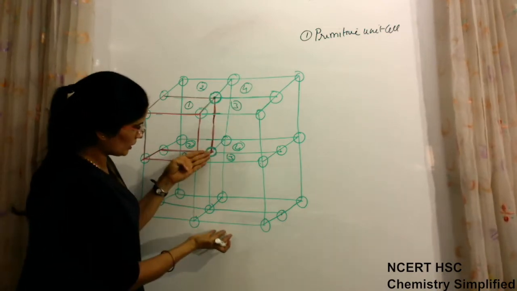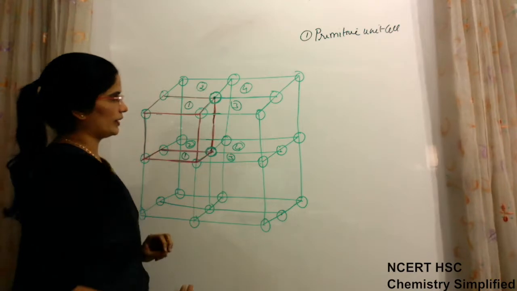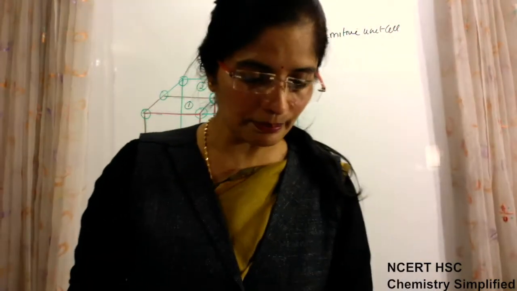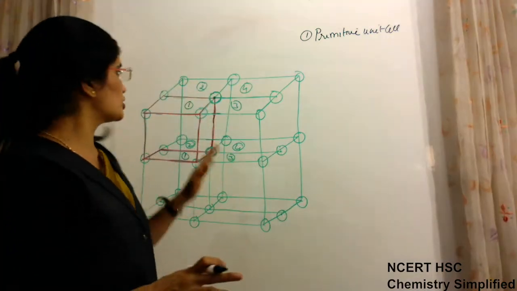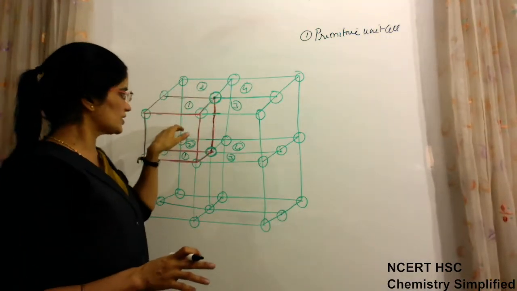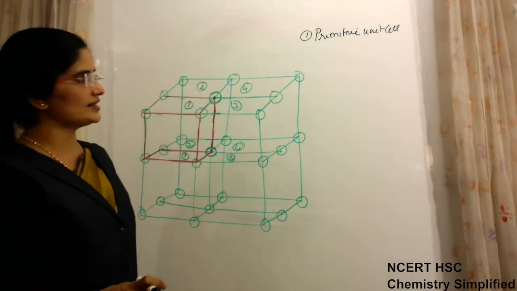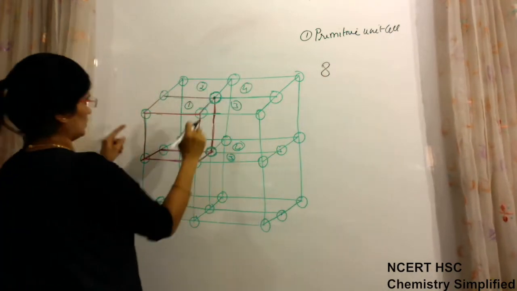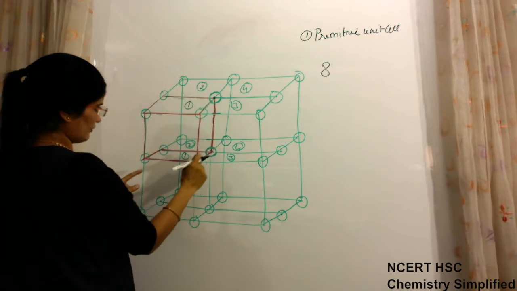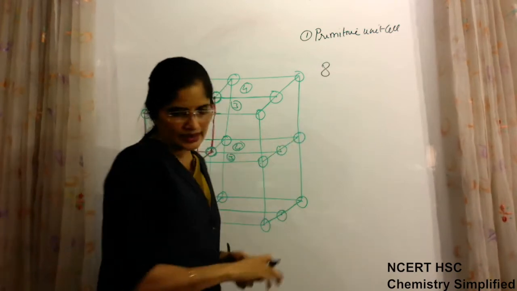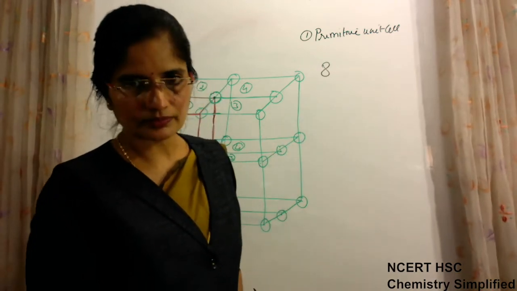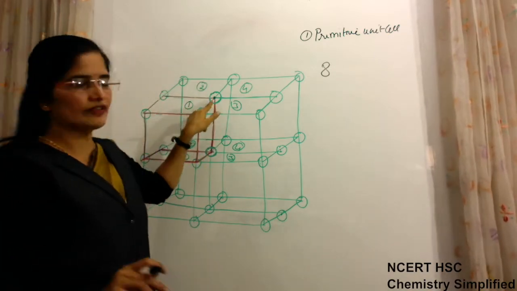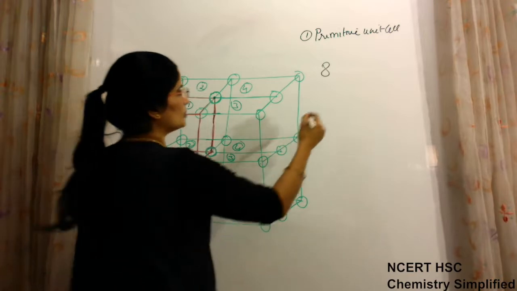That is why a simple unit cell which has particles only on the corners, not in the center of the body, not on the faces, has 8 particles, 1, 2, 3, 4, 5, 6, 7, 8. And every particle is giving only 1/8 contribution.